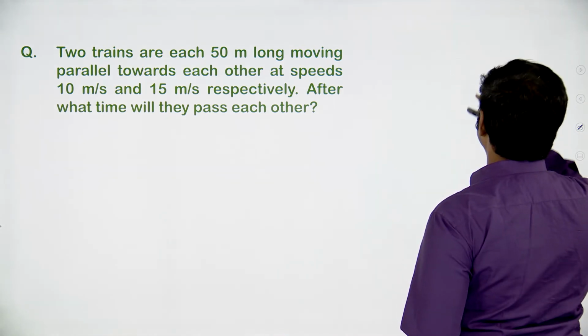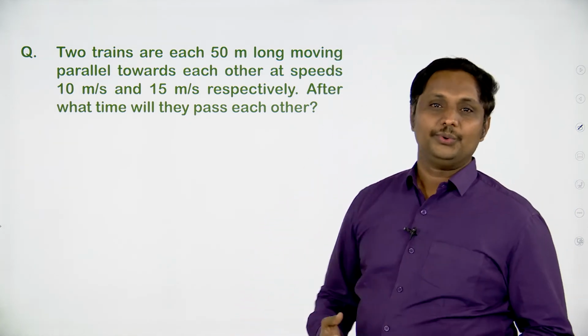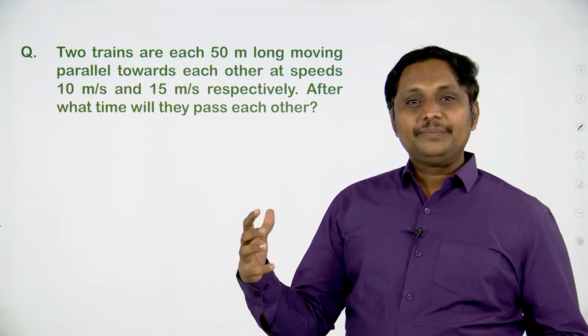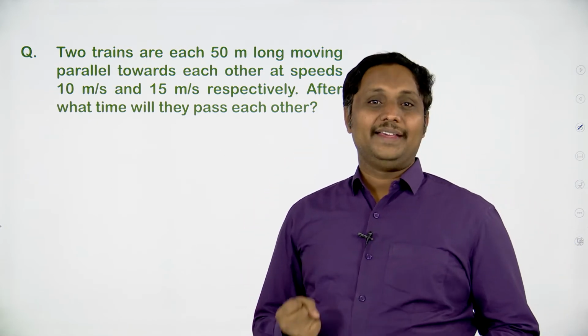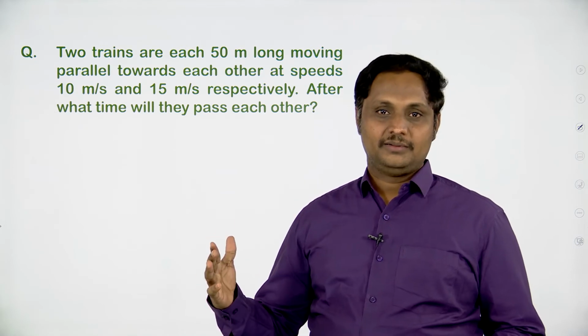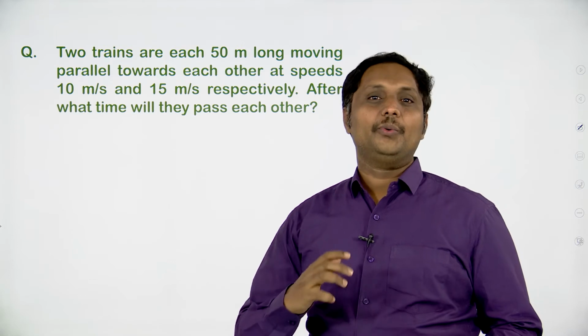Especially while you are discussing train problems, generally they give you two cases. First one, one train crosses another one. The other, one train which overtakes another one.